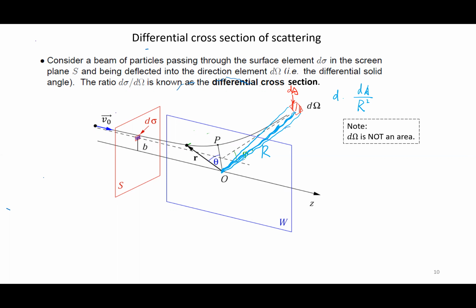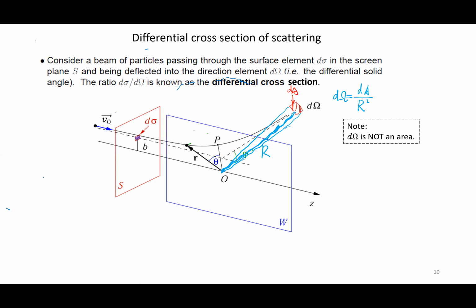So this d omega is not an area. The dA is an area, while d omega is the differential solid angle.